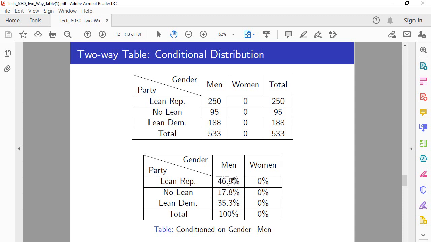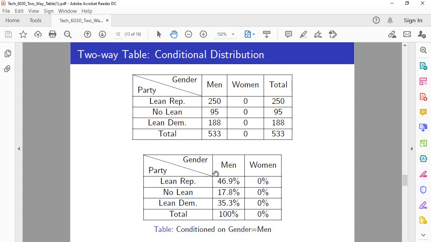So this is the percent of men who preferred the Republican Party. And then 95 divided by 533, that's 17.8%. That's 17.8% of the men had no lean. And then the 35.3% is 188 divided by 533. 35.3% of men preferred the Democratic Party. And of course, the percentages for women in each of these categories would be 0.